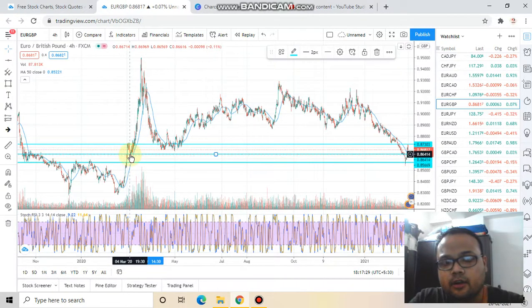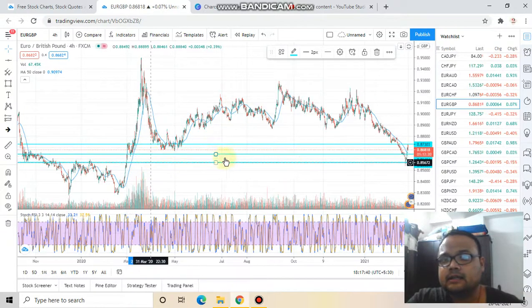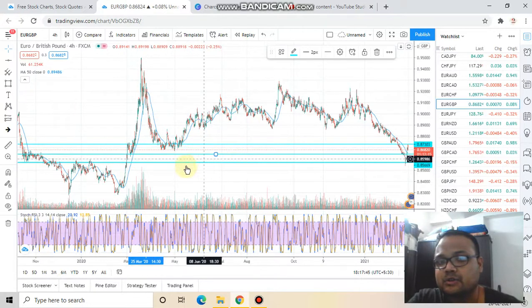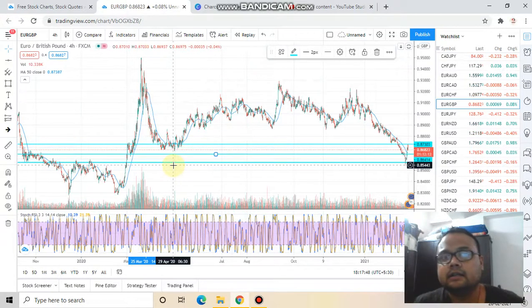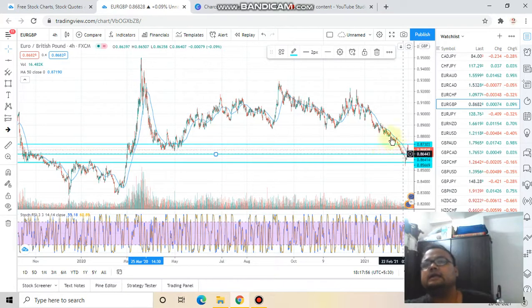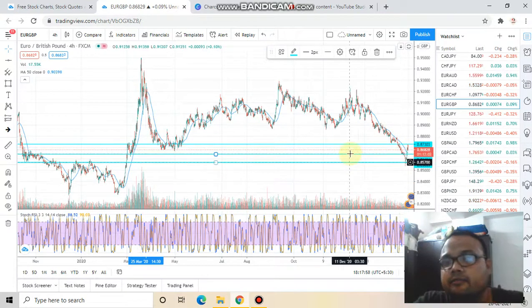From this particular point, the market made a huge jump to the 9495 level. After that you see the market never came down to this particular price zone. This is kind of an untouched zone, and from this price zone only the market has reversed right now.